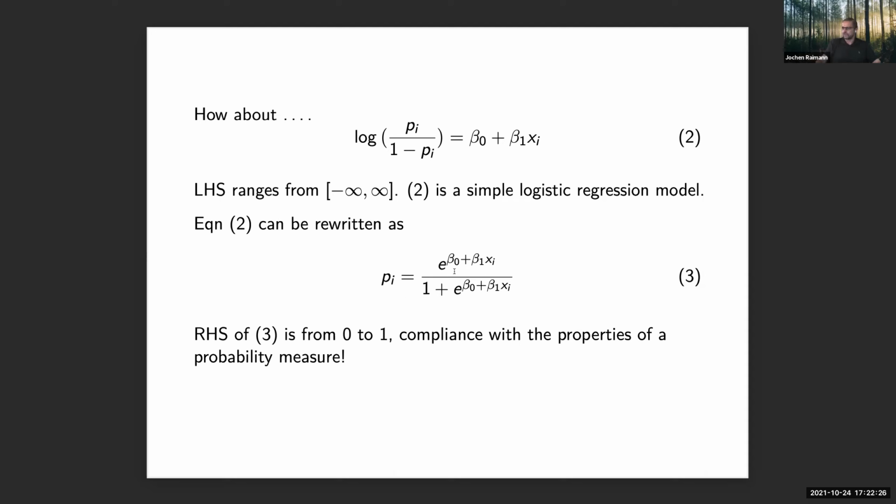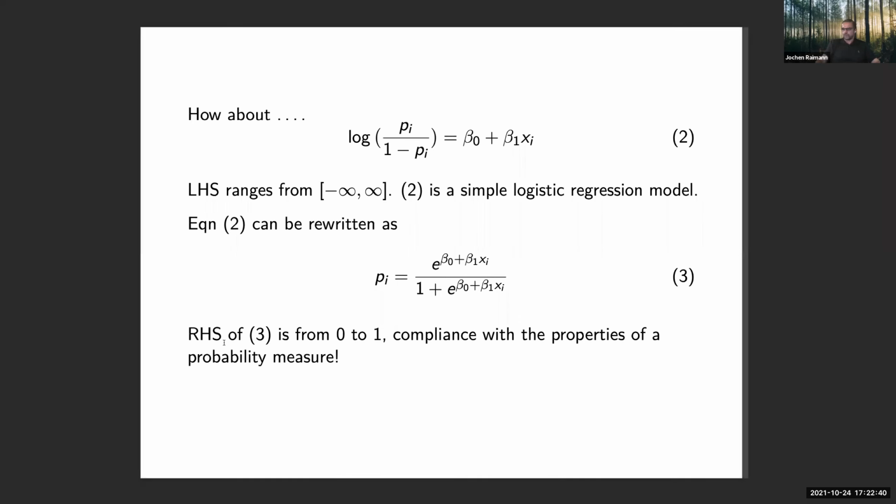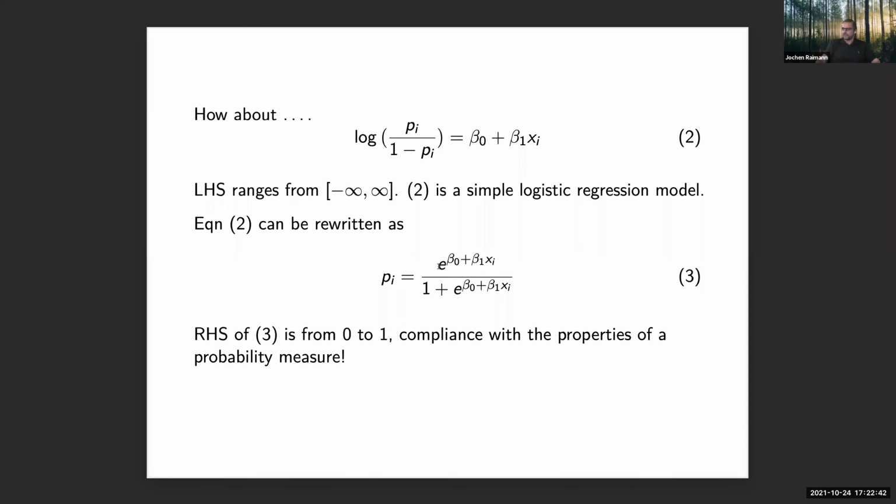So you have e to the power of beta 0 plus beta 1 xi over 1 plus the same exponentiated term. So the right-hand side of 3 now goes from 0 to 1, in compliance with the properties of a probability measure.